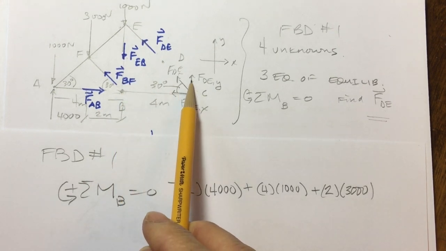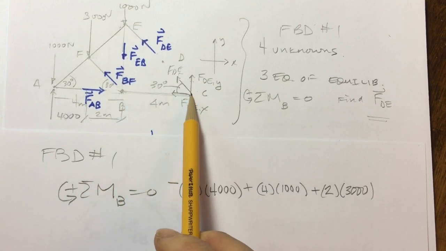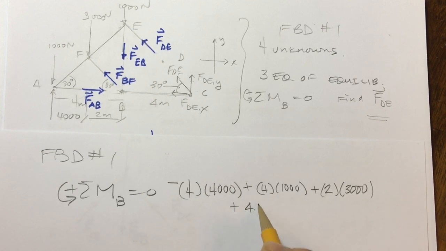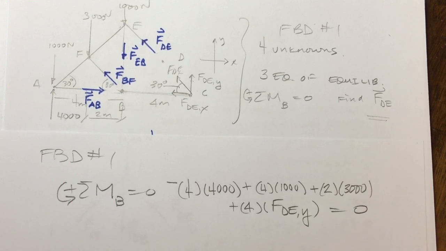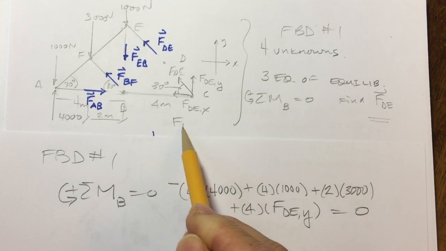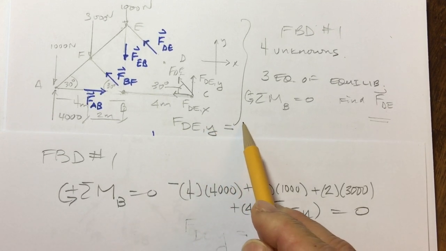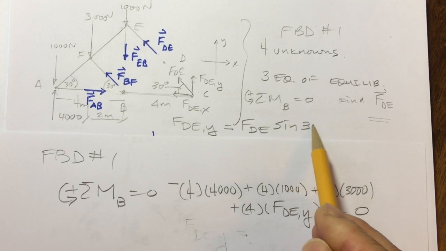We do have a moment due to the y component. So the moment arm is 4 meters times FDEY, and that would be a positive moment of 4 times FDE in the y component is equal to 0. So we know FDEY is just FDE times sine of 30 degrees.